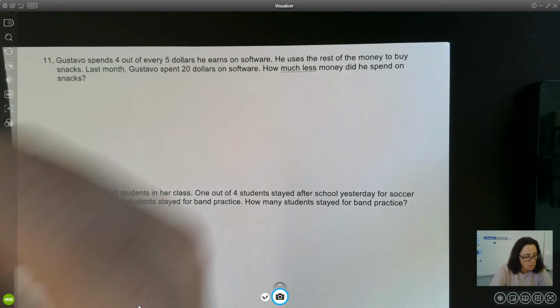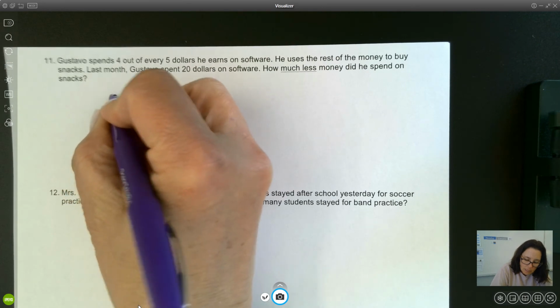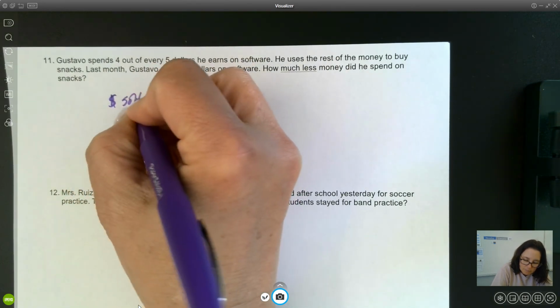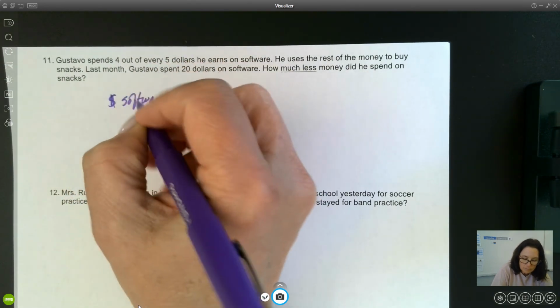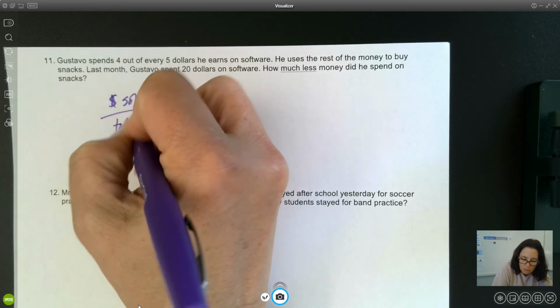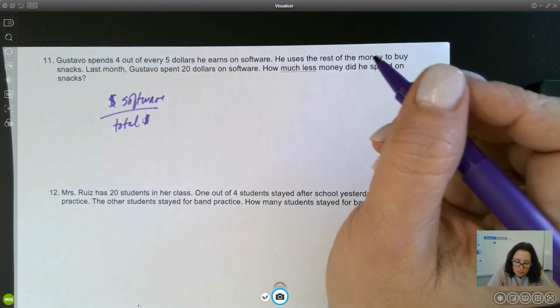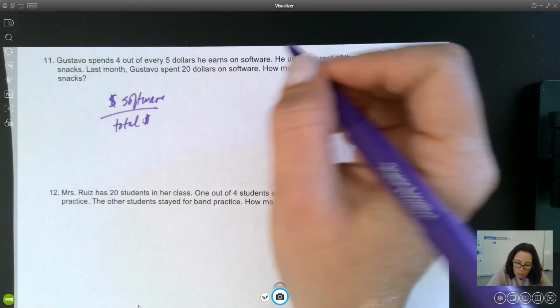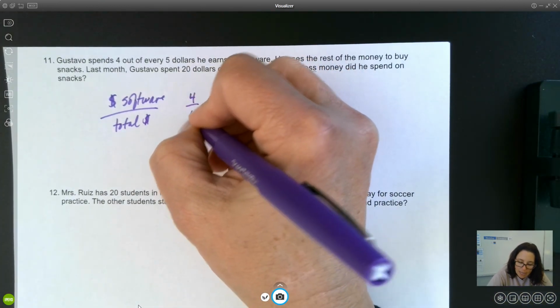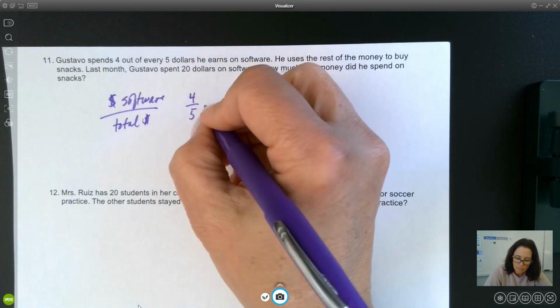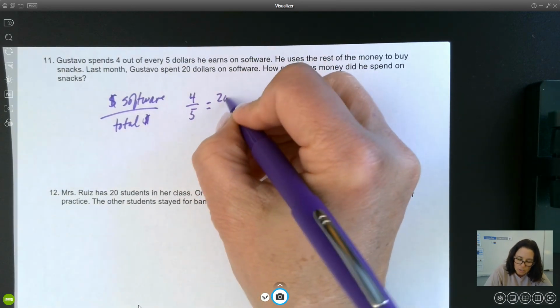Okay, so I'm going to do money on software over total money. All right, so 4 goes to software, 5 is the total. 20 goes to software.